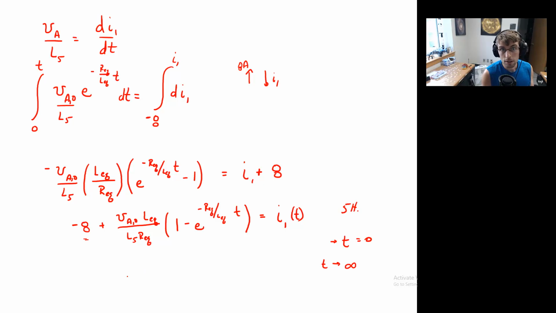Of course, I'll leave it to you. We could follow the same process to find the current flowing through the second inductor. We would produce the exact same stuff. In fact, everything stays the same, except I would have a negative 8 plus a comma 0. This would stay L_EQ, and this would be an L2, 0 R_EQ.